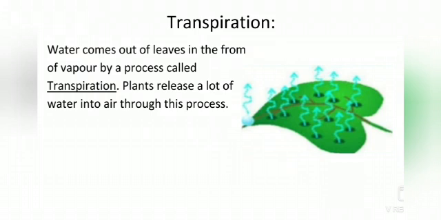After a few hours, you will be able to see a few droplets around the polythene. So what does it mean? It means when the sun rays come to the plant and fall on the leaf, the water which the leaf has gets evaporated, right? So this process is known as transpiration.